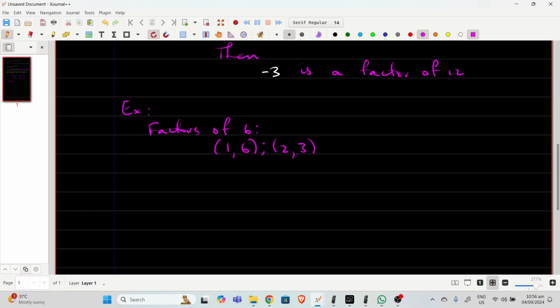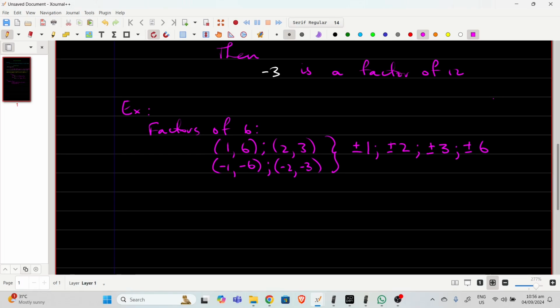And then we're also going to list the negative pairs. Negative 1, negative 6 are also factors of 6, and negative 2, negative 3 are also factors of 6. So combined, we have plus or minus 1, plus or minus 2, plus or minus 3, and plus or minus 6. Those are the factors of 6.